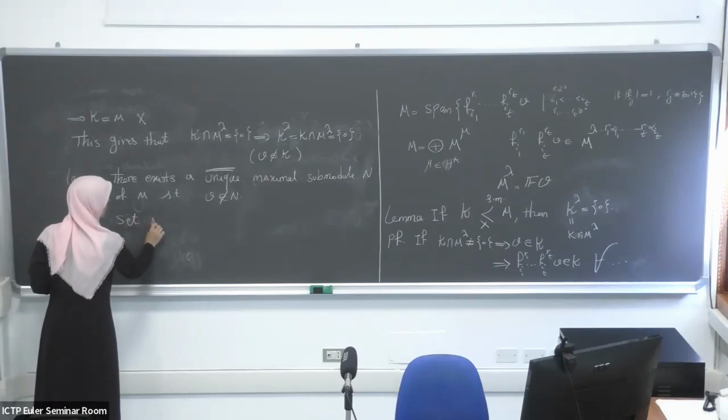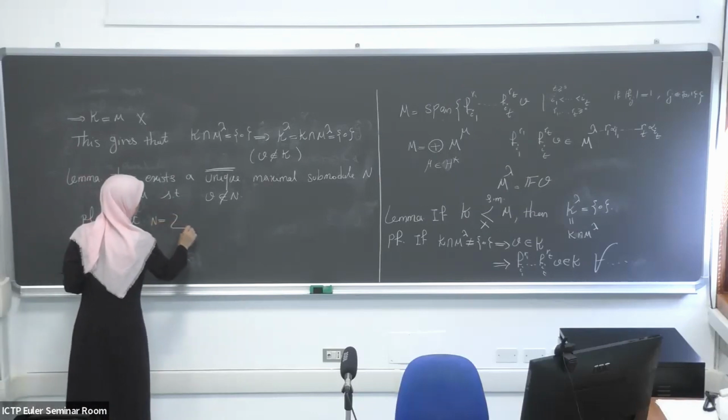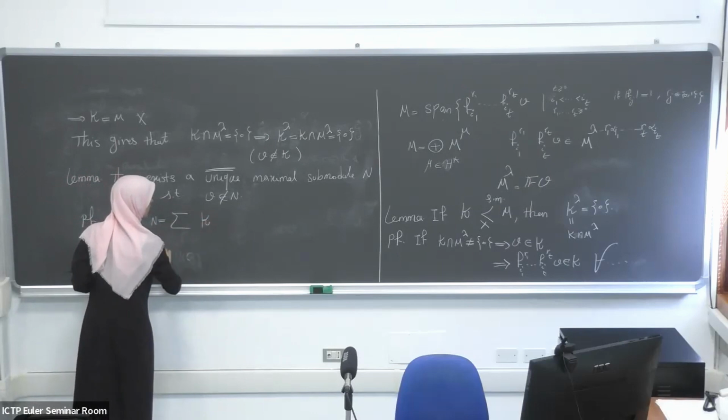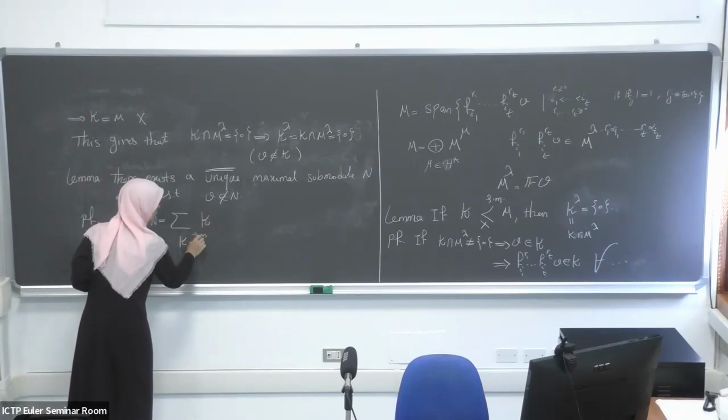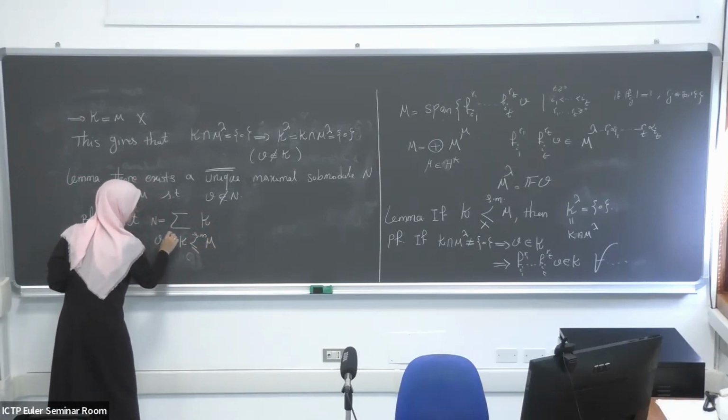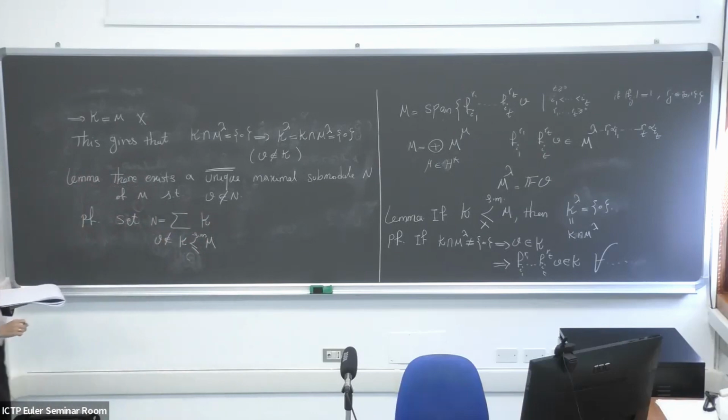Set N to be the summation of all K, where K is a submodule of M and V is not an element of K. Okay.